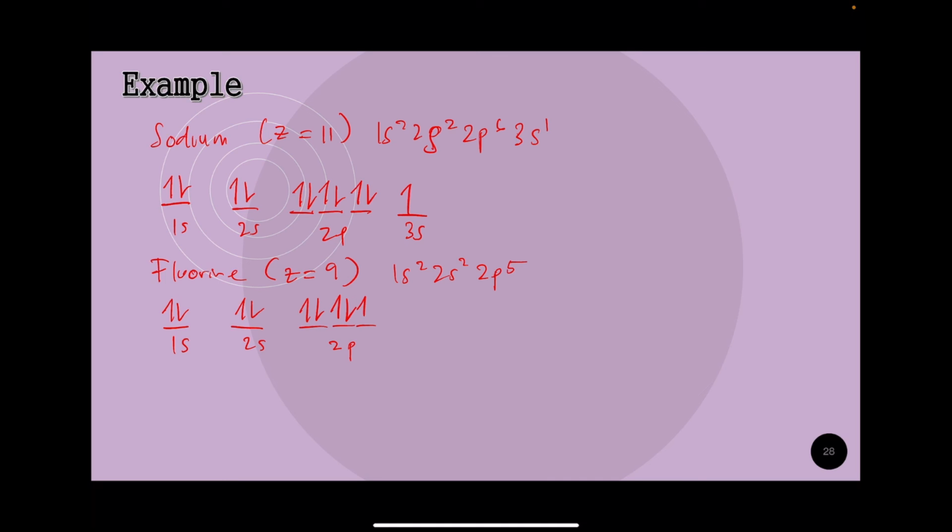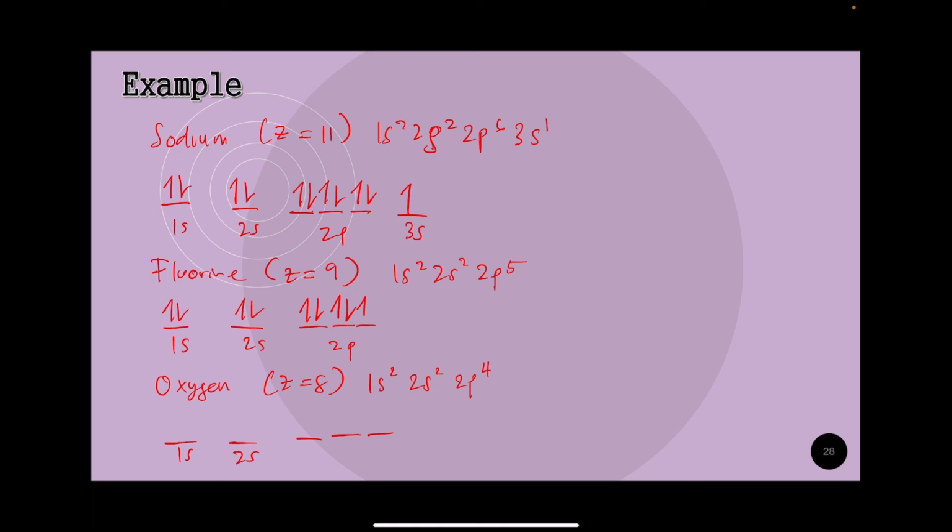Another example is oxygen, Z is equal to 8. The electron configuration is 1s2 2s2 2p4. Then we draw the orbital diagram. We need the 1s orbital, 2s orbital and 2p.